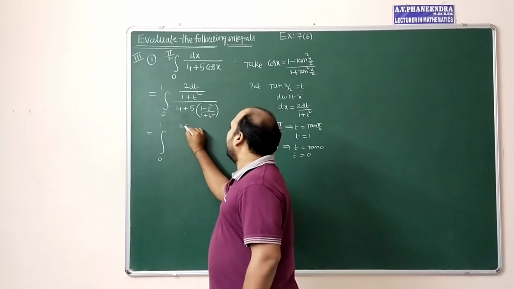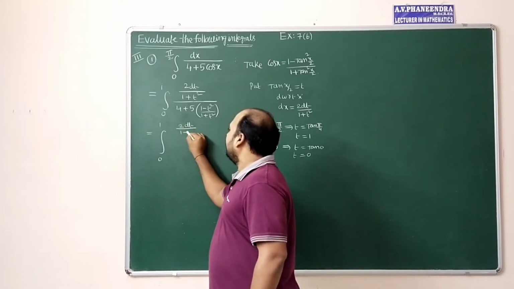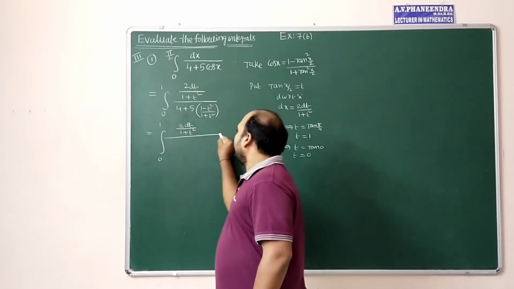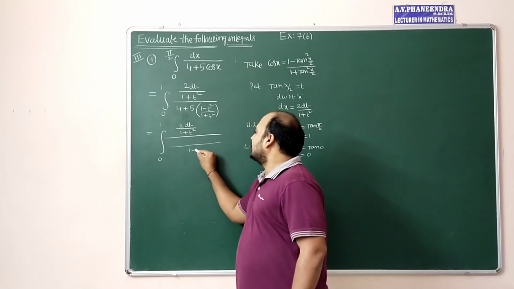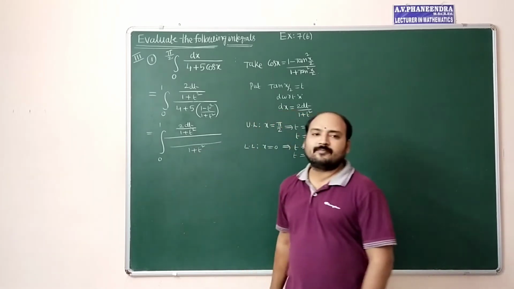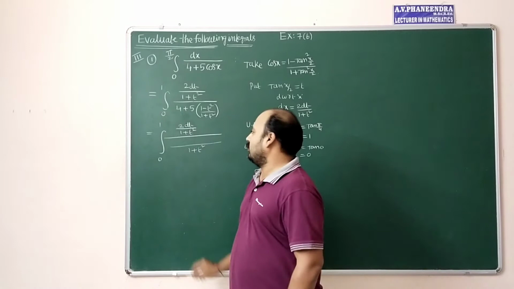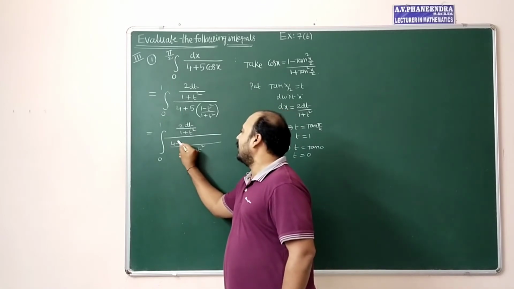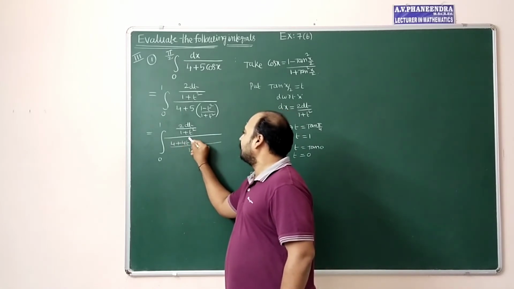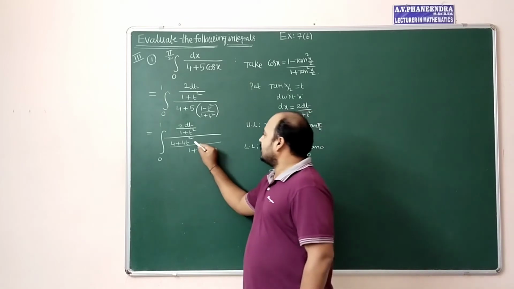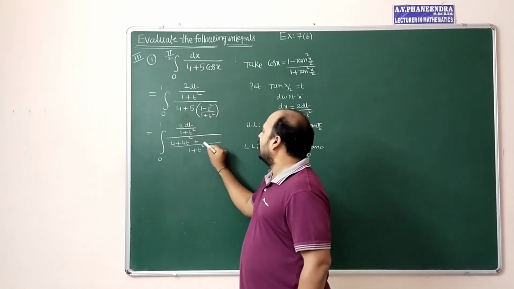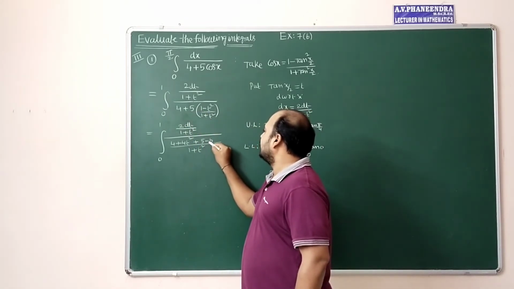2 dt divided by 1 plus t square, divided by 1 plus t square is the LCM here. 1 plus t square into 4, so 4 into 1 plus t square: 4 plus 4t square. After that, plus 5 into 1 is 5, minus 5t square.